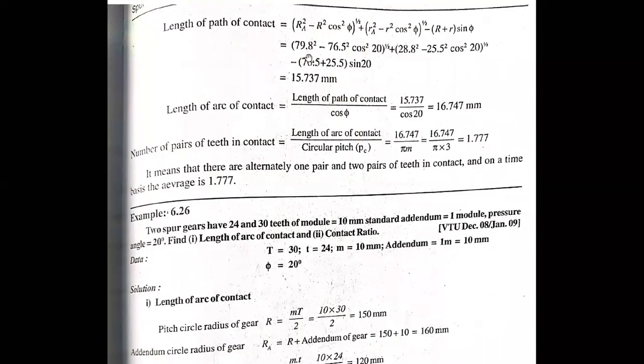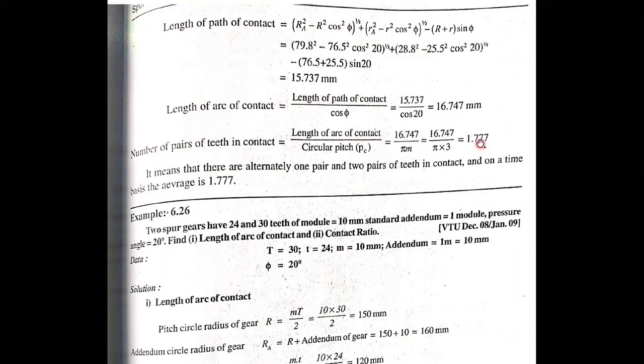Therefore, you substitute, you'll get the length of path of contact, that is 15.737. Once you got this value, you can get the length of arc of contact, that is 15.737 divided by cos phi. Then you'll get 16.747 mm. Finally we can calculate the number of pairs of teeth in contact, that is length of arc of contact divided by circular pitch, that is 16.747 divided by the circular pitch formula, pi times M. If you substitute the M value and the length of arc value, and the pi value is constant, then you will get 1.77.